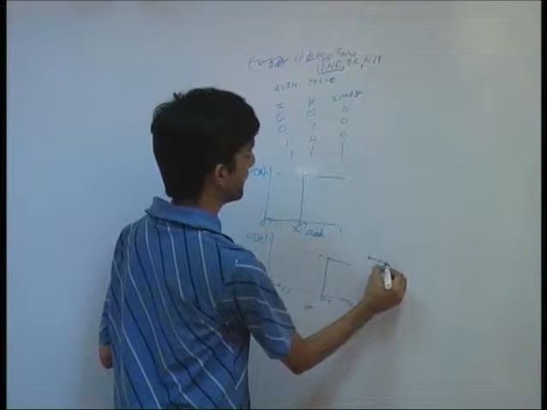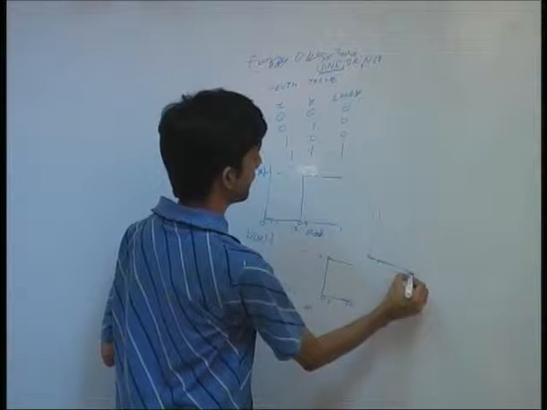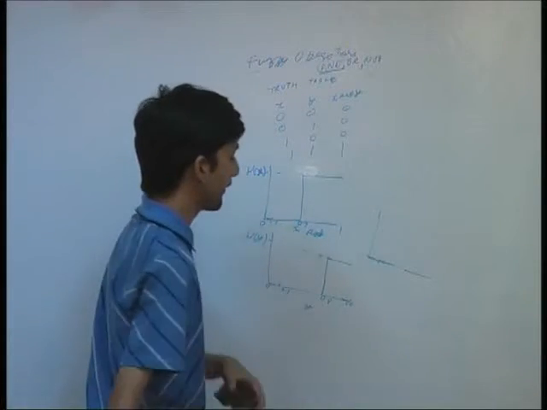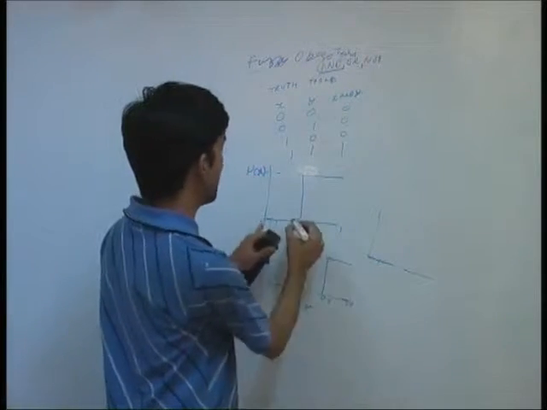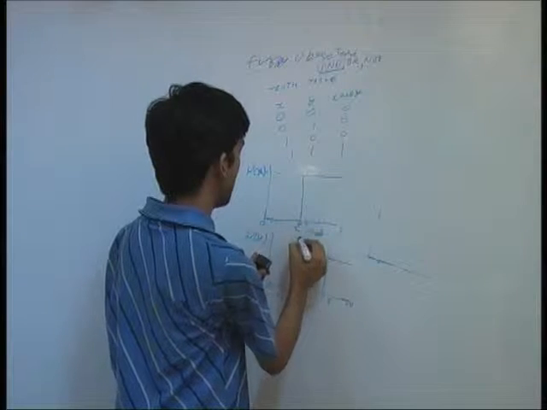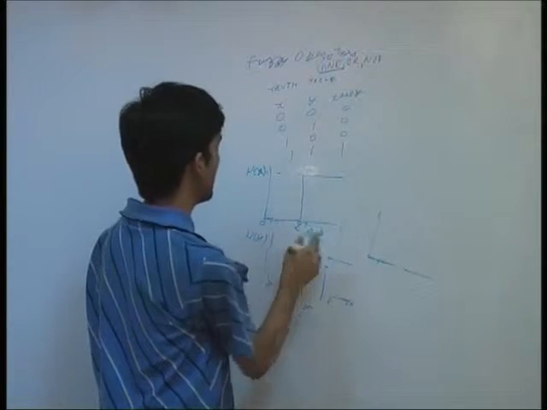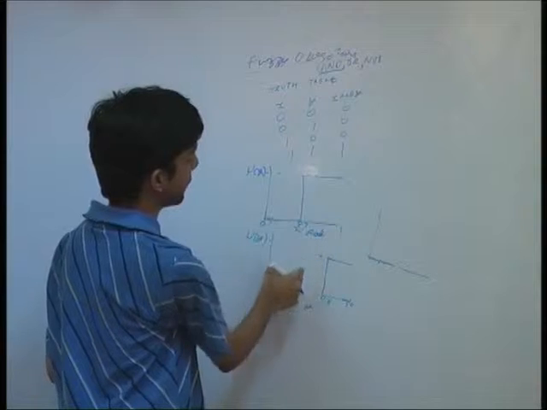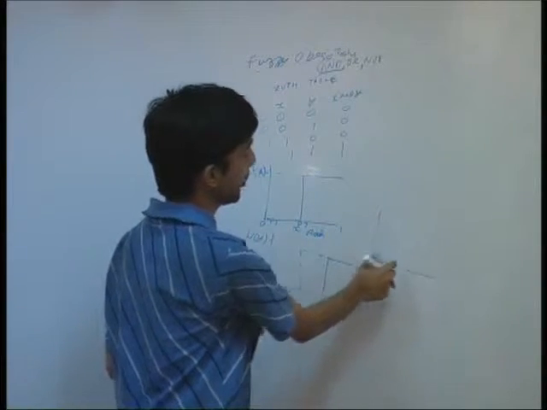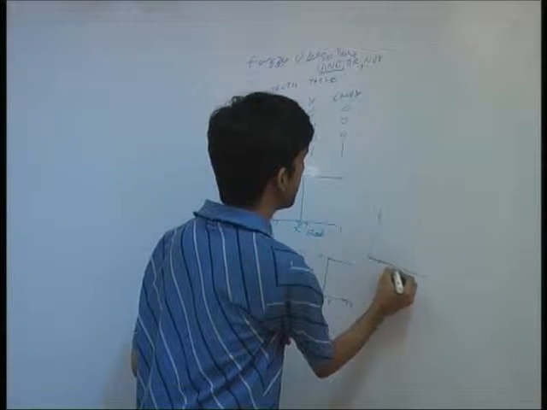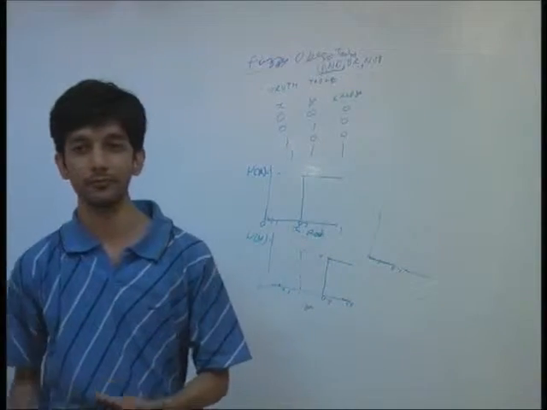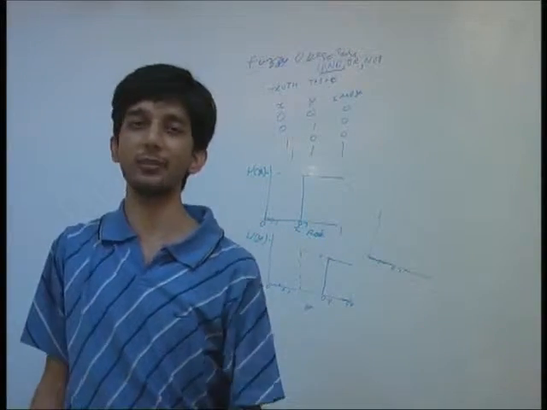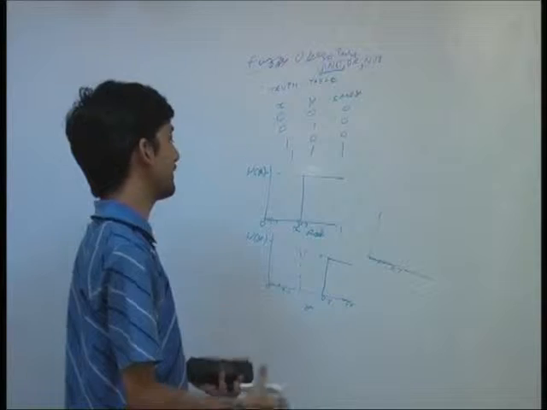I go up right from here till this 0.7, both these values are 0 and therefore my output is always 0. It's 0 over here, it's 0 over here, 0 and 0 will always be 0 till 0.7 over here.